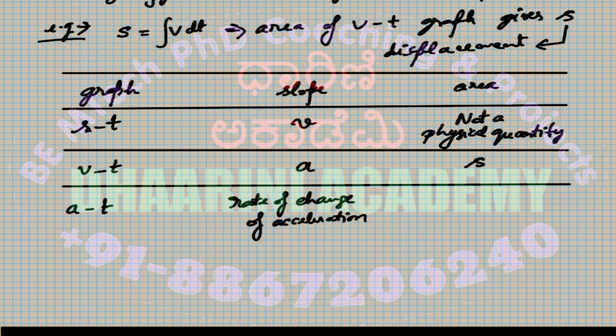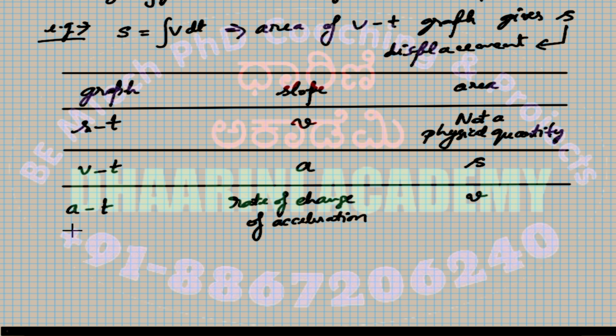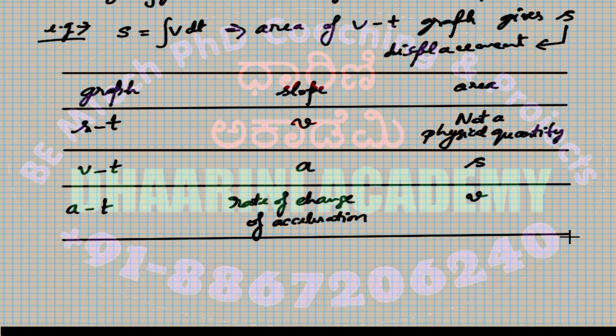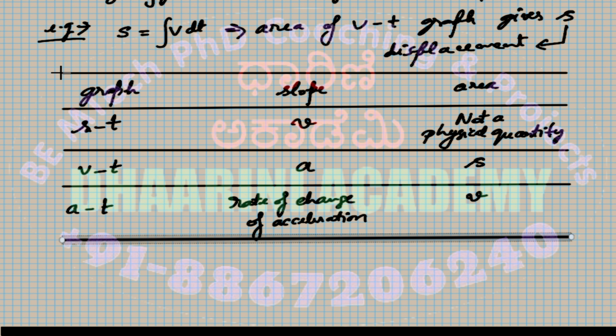Okay, but when you integrate, you are going to get the velocity. So integration of a dt is going to give you the velocity. So this is a very important table that can be used at various points.